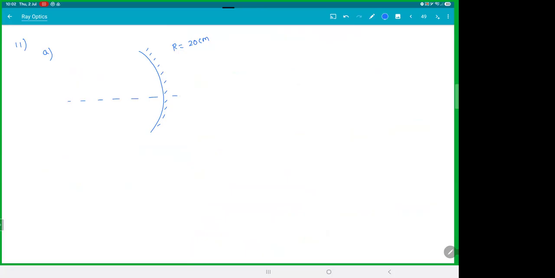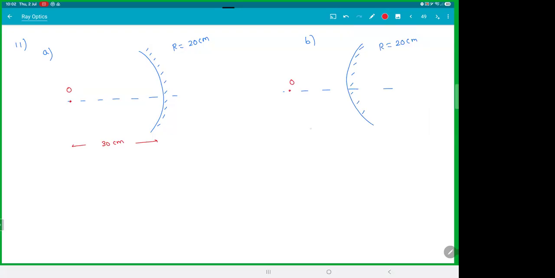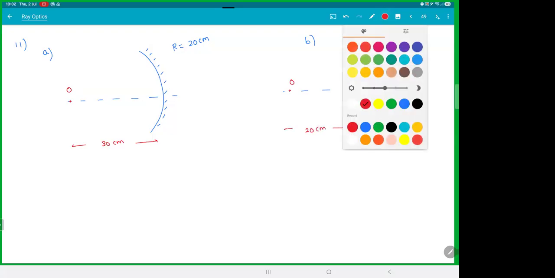The radius of curvature is 20 centimeters. We have the object here at 30 centimeters. Find the position of the image.